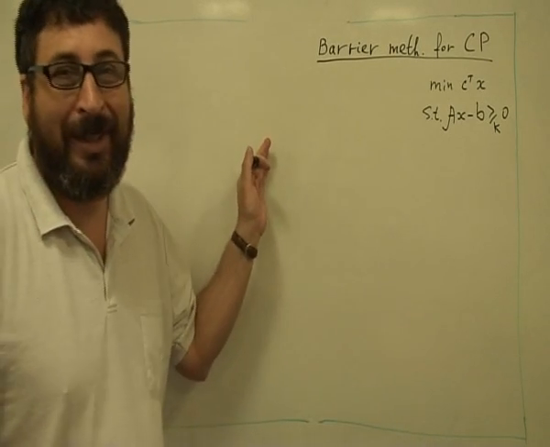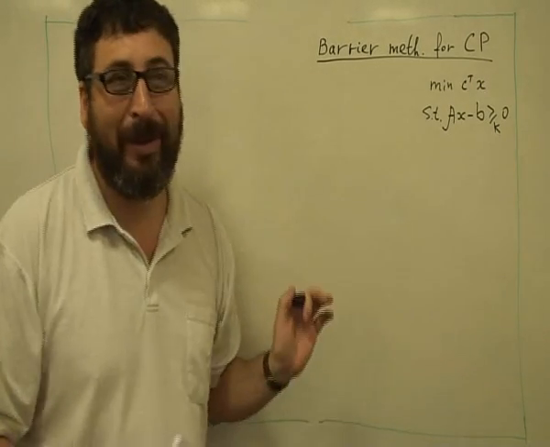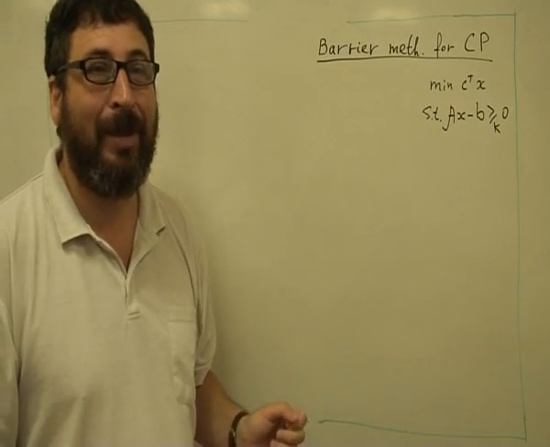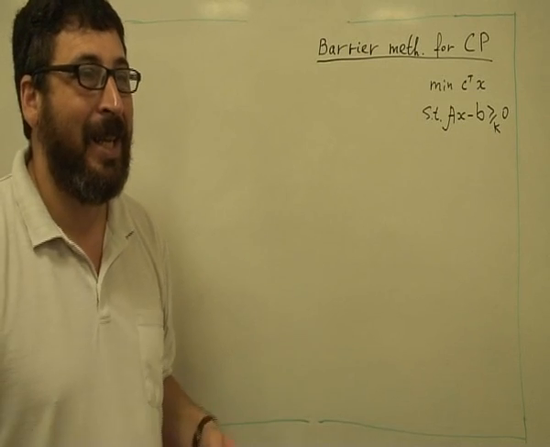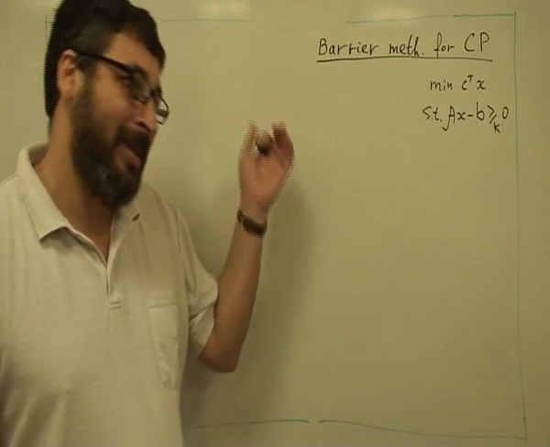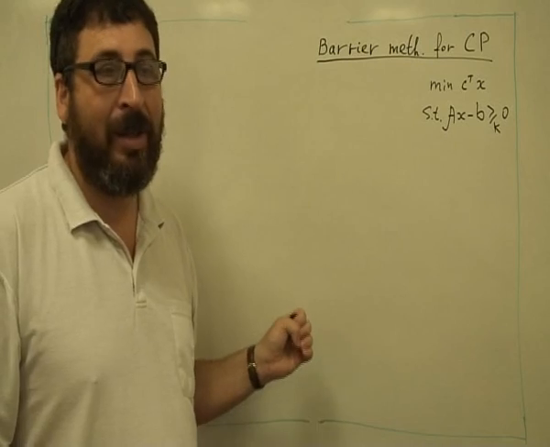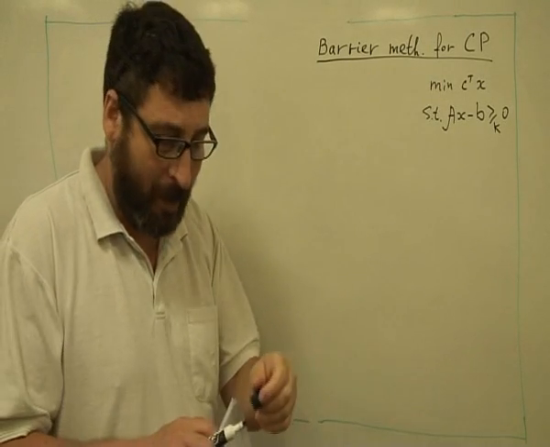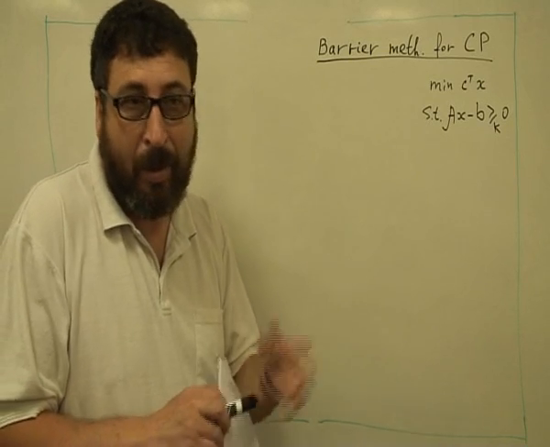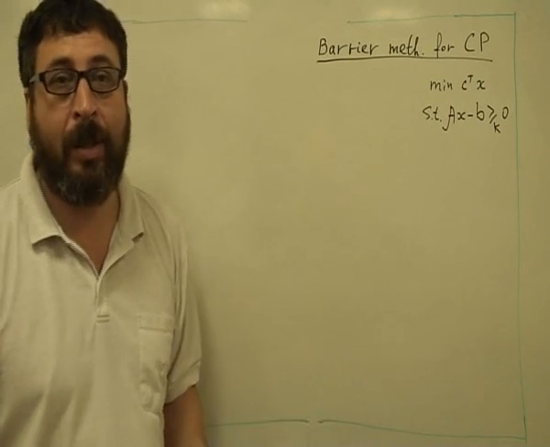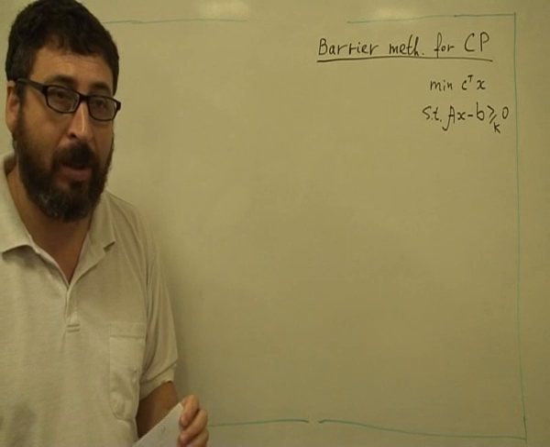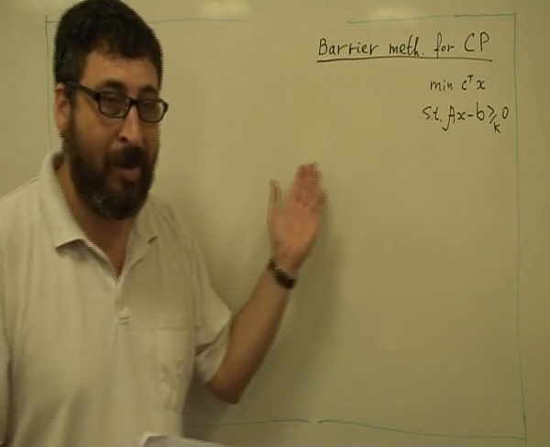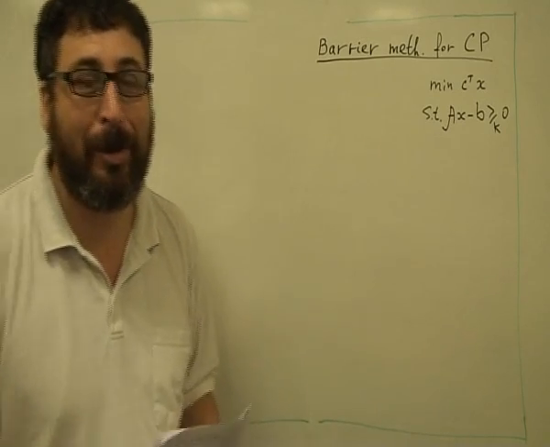Now we get to the point where we will learn how to solve conic programming problems numerically. And the basic approach is the barrier method. We already learned barrier method in nonlinear programming, and the general idea is very similar.